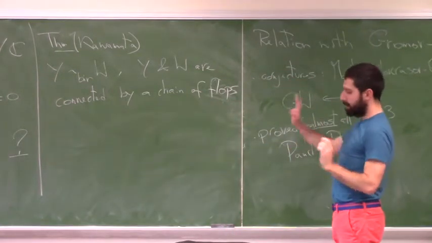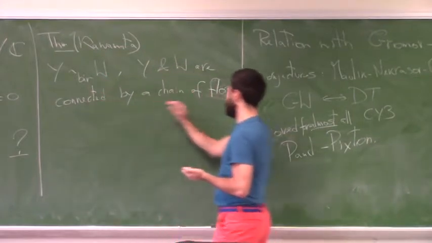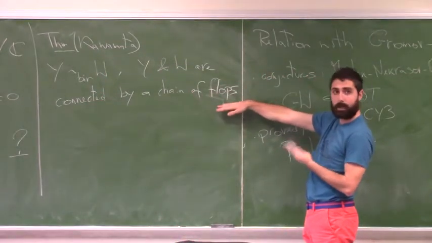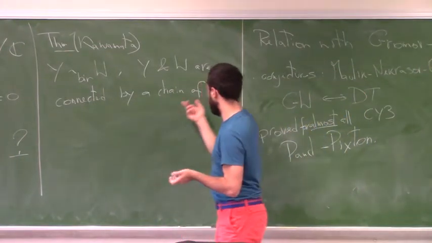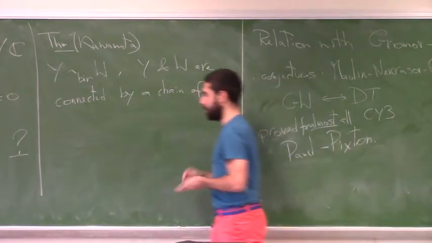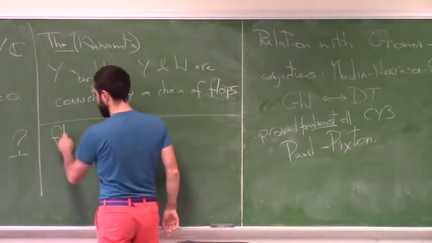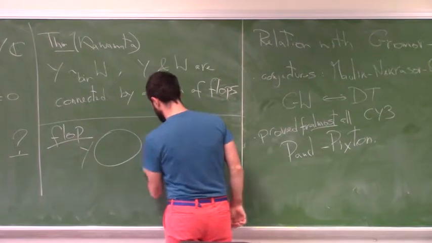Okay. So basically all I'm saying here is that if I want to study a general birational transformation, I can just reduce to the case of flops, which is a specific kind of birational transformation. So I'll give you an explicit formula in the case of flops. And let me remind you about this thing. So the relevant picture is the following.